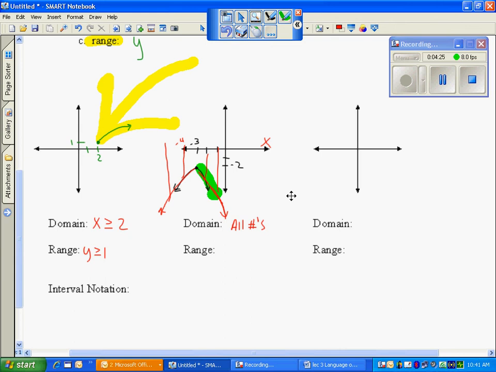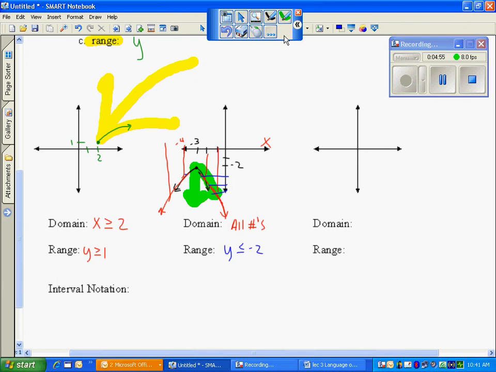My range starts at this point -2 and heads down. So every y-coordinate below -2 actually has a partner. So we say that my range then goes from -2 to infinity. So that means y is less than or equal to -2. So you must make sure you know your greater than and less than.